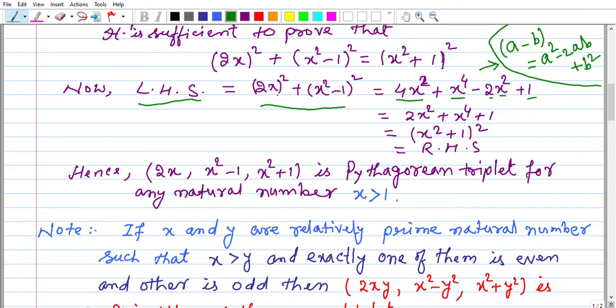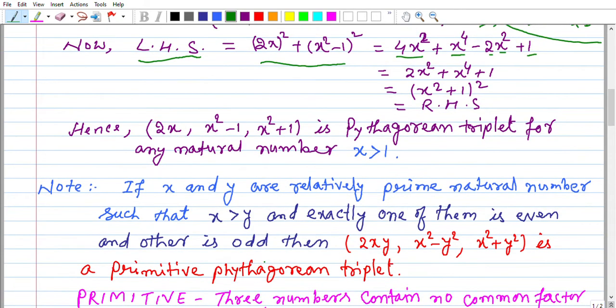I have taken x and y, which are relatively prime natural numbers such that x is greater than y, and exactly one of them is even and the other is odd, then what we get? 2xy, x square minus y square, x square plus y square is a primitive Pythagorean triplet.